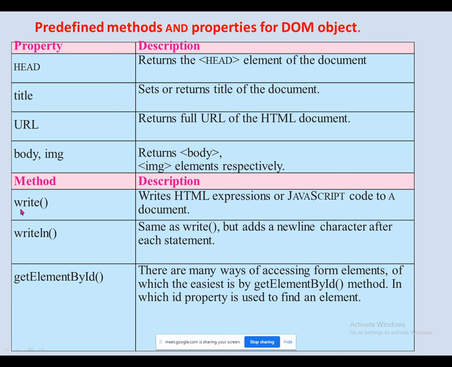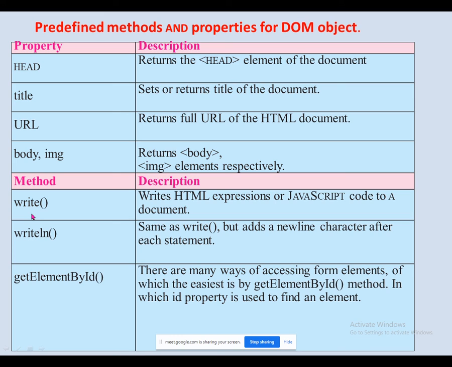Now methods: write, writeln and getElementById. Okay, out of these, these two we are using. Write writes an HTML expression or JavaScript code to a document. On that document, suppose I want to display anything, any calculations, output or any comments, then directly you can use this write method.